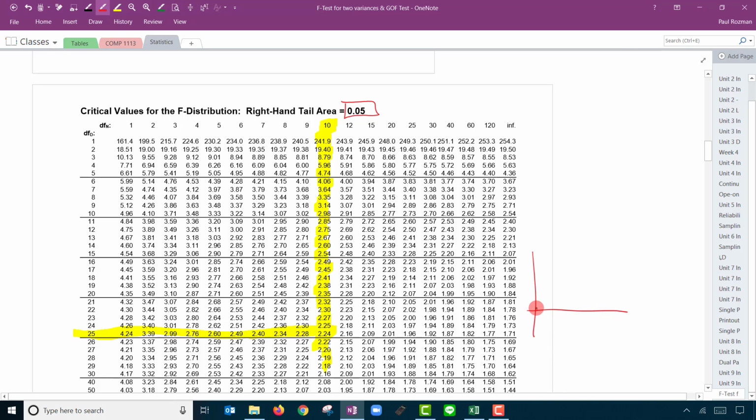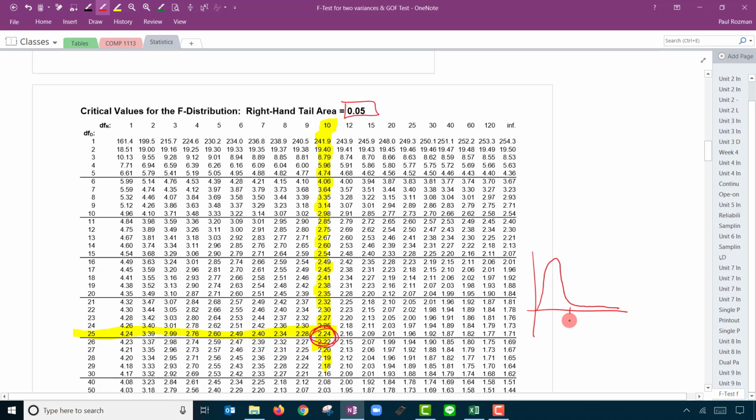Basically, we would have to look at this table for 10 and 25, and then look at another table for 10 and 25, and another, until we find our test statistic in the table. And in this case, we didn't find it.